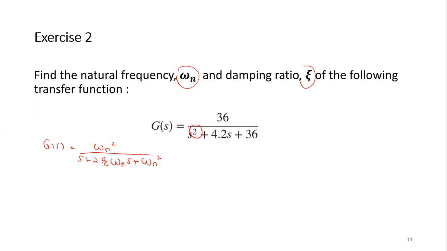So from this, it's so straightforward. You can just find your natural frequency, which is the square root of 36, which is 6. To get the damping ratio, 2 times damping ratio times natural frequency is equal to 4.2. So the damping ratio will be 4.2 divided by 2 times 6. So you get your damping ratio.